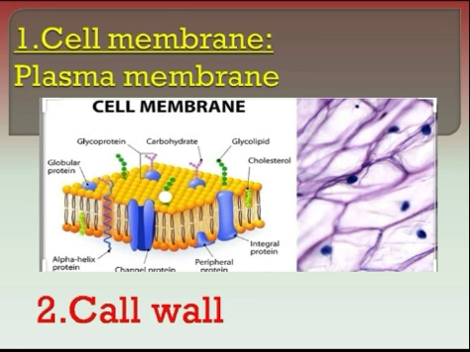The cell wall is a very tough but flexible porous layer, and it also provides protection against mechanical and osmotic stress to the plant. Mainly the cell wall is made up of cellulose. Okay.